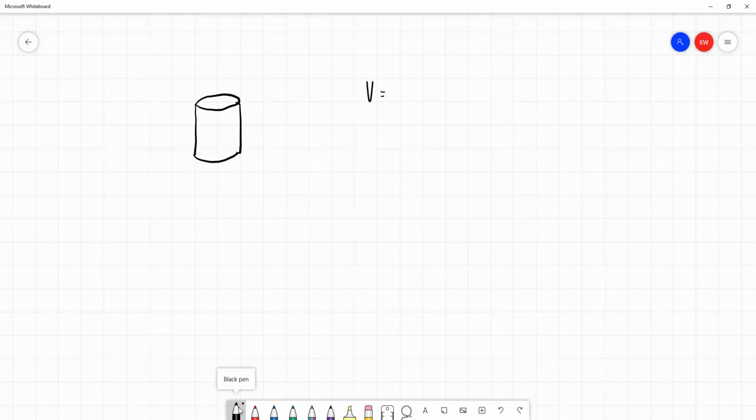Volume is equal to pi times r squared, where r is the radius of the circular end of the cylinder, multiplied by the height of the cylinder. In this case, this is our height here. So if we're given the radius and height of any cylinder, we can calculate its volume.